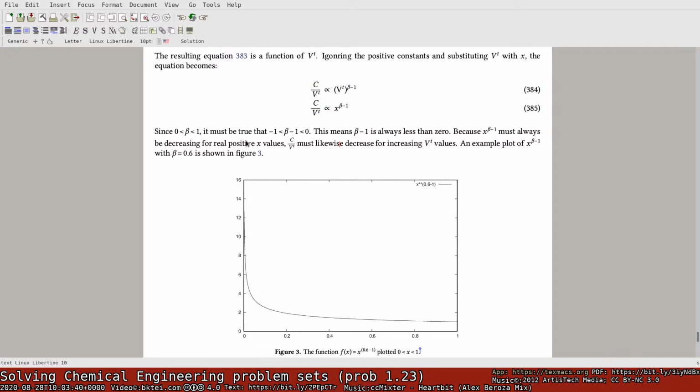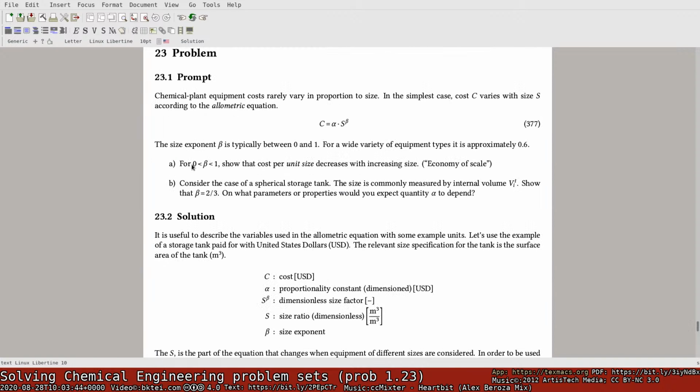And beta is from 0 to 1 because we were told that. But it looks like beta is typically between 0 and 1, so it may be that beta changes. It might be negative, in which case, getting bigger means that you'd be less efficient.